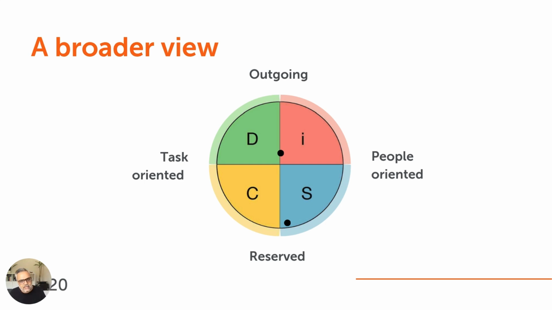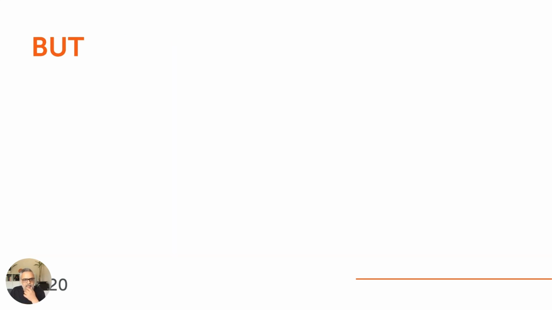Whereas your I and your S profile people will think more about the person and more about the relationship. Likewise, your D and your I profiles might seem to be more outgoing, and your C and your S profiles might be a bit more reserved and come across as more introverted. When you split them into these broader halves, this is another element that depicts the characteristics.